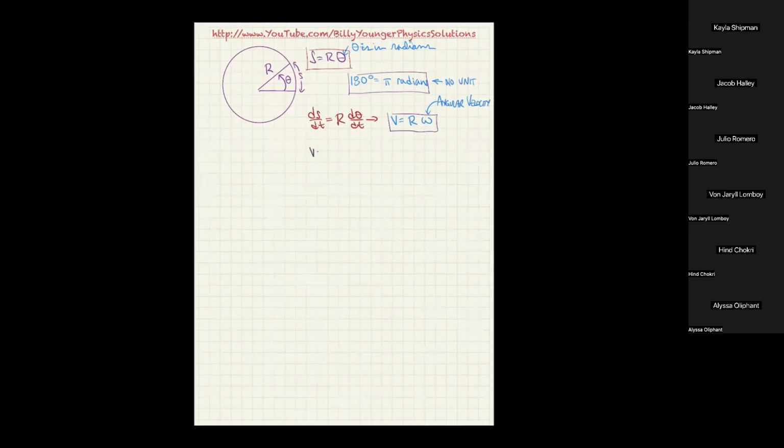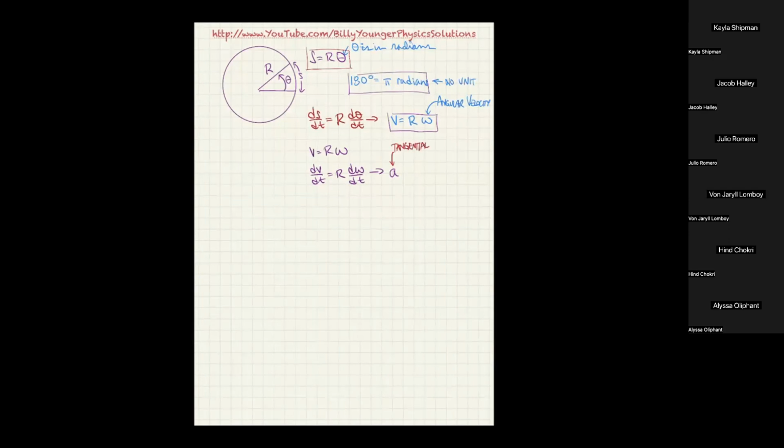But now if I take v equals r times omega, and I take the derivative of both sides, I get dv over dt is equal to r times d omega over dt. Well, this is essentially the acceleration. I'd call this one the tangential acceleration.